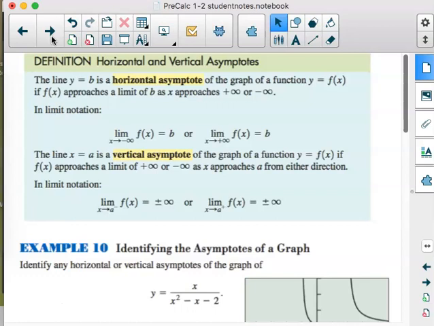Vertical asymptotes, the same thing is happening, but it's different because as they approach the asymptote, they're either going to go up forever or they're going to go down forever. So the line x equals a is a vertical asymptote of a graph of the function f of x if f of x approaches the limit of positive infinity or negative infinity as x approaches a from either direction.